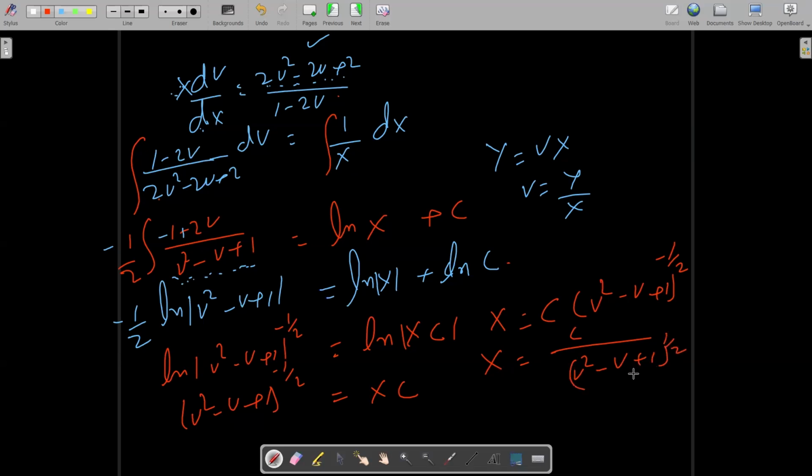Or you can just write this on the left side, like v squared minus v plus 1 square root, 1/2 is just square root, times x equals c. If you would take the square on both sides, you would get x squared and v squared minus v plus 1. It's just simplification, nothing else, equals c. Now you can just write the values of x and v, and you would get your final result.